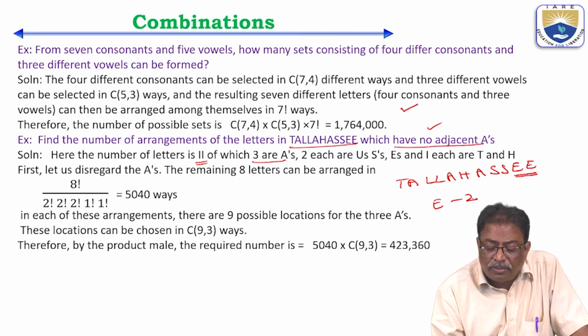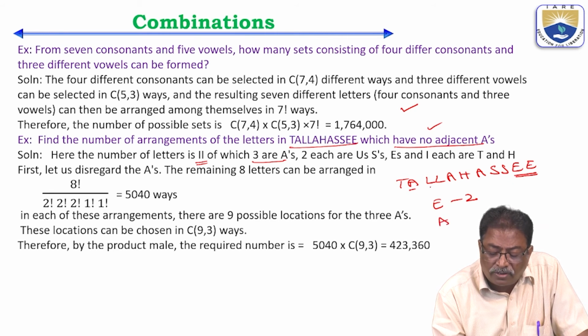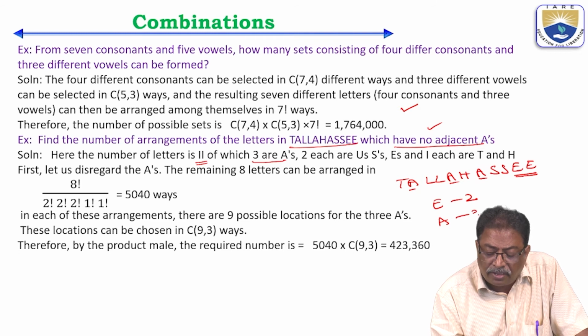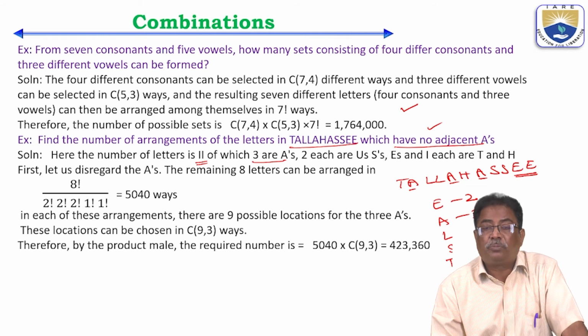A's are 1, 2, 3, so A's are 3. L's are 2, S's are 2, and of course T is 1 and H is 1. So 11 letters are going to be arranged.